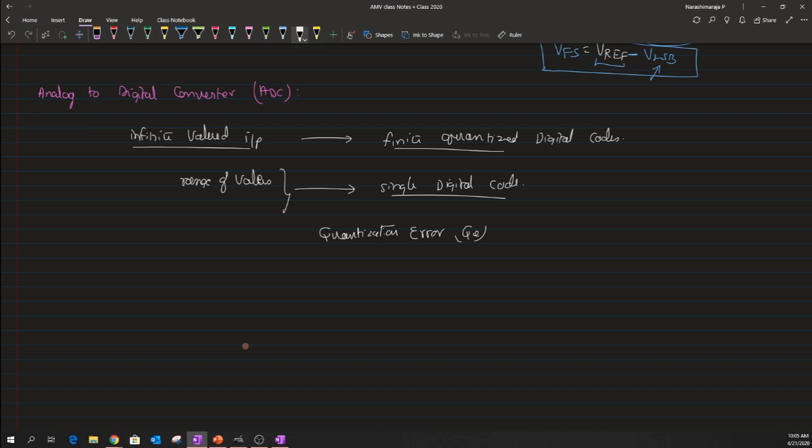Now let me draw a simple block diagram. The analog input can be either a voltage signal or a current signal. If I have a voltage input, then the reference that has to be supplied is a V reference, and the corresponding output would be digital data. The digital data can run from D0 all the way to Dn minus 1, which is the MSB bit.